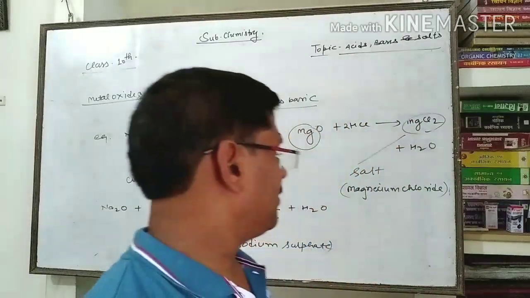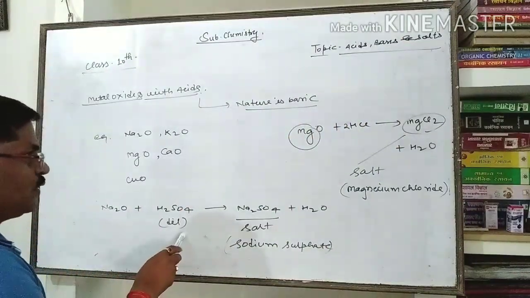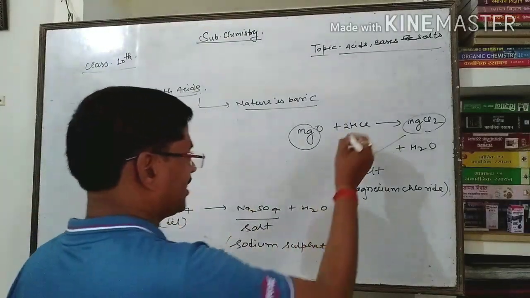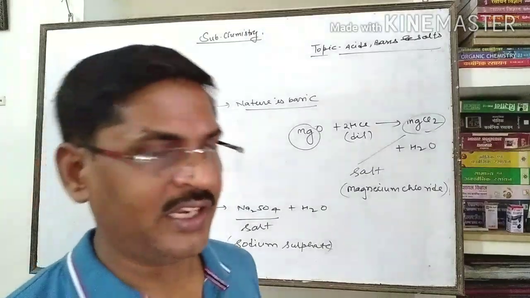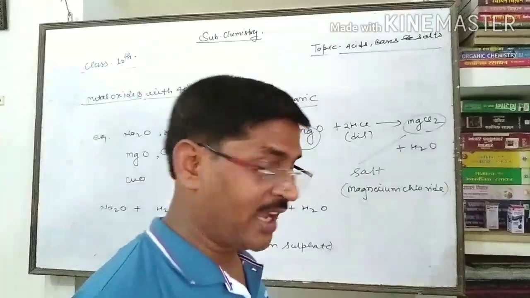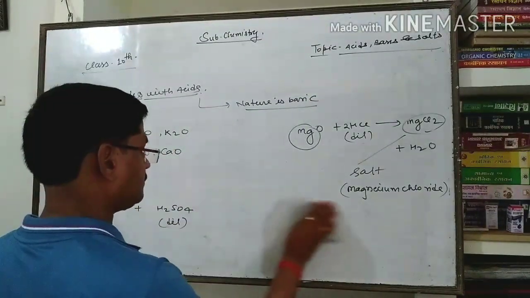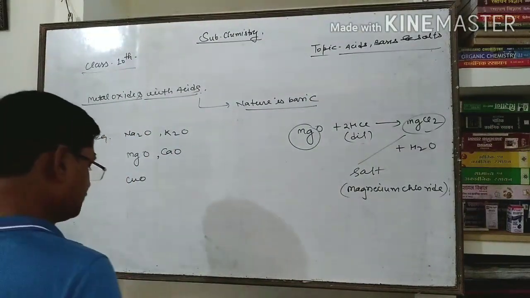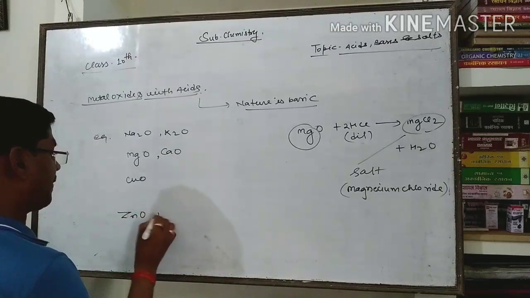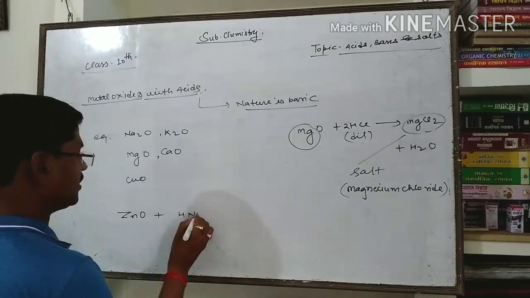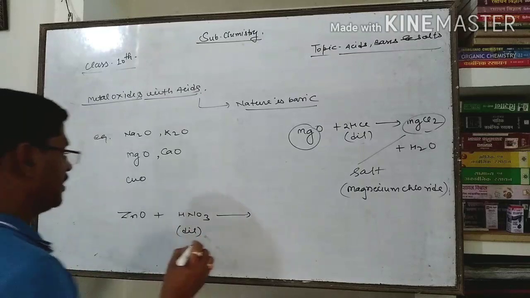And another you can take, but one thing you have to remember, you have to take acids, either dilute H2SO4, dilute hydrochloric acid or even dilute HNO3. Suppose that one more reaction I have to write. Suppose that zinc oxide is taken here, I have taken HNO3, which is also dilute.